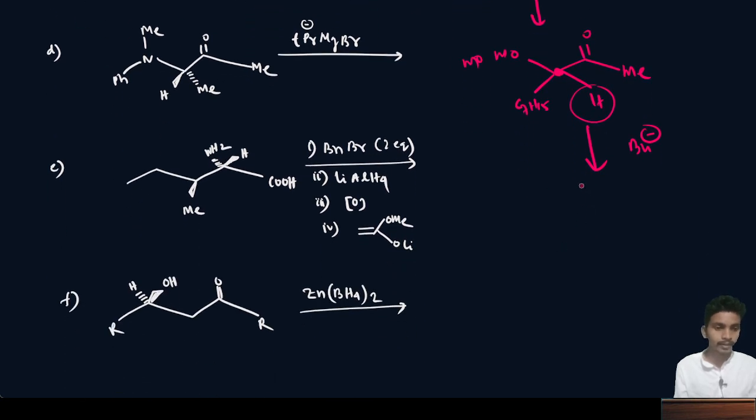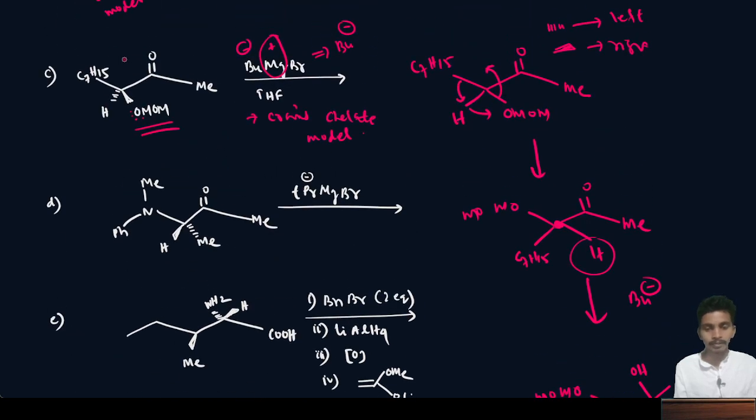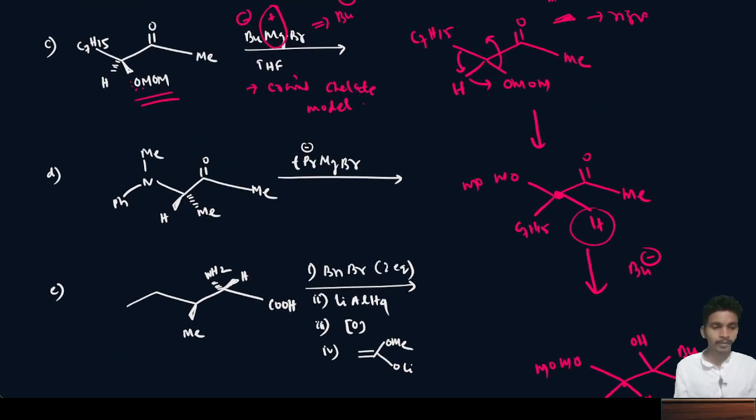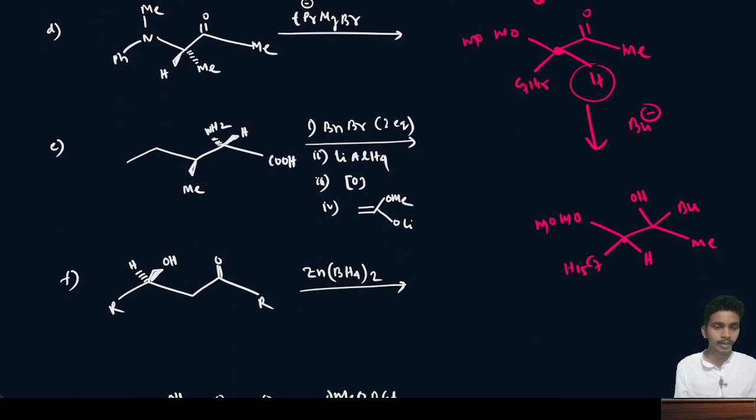From the front side, it means this methyl, and this will be from the right. Right means here, and this is going to be the OH, and this is OMe, this is C7H15, and this is going to be the H. Now make this into the original form, because in the answers it will be in the same way.